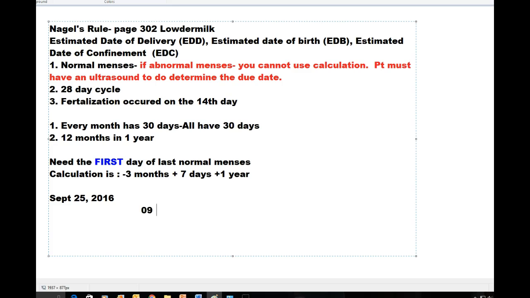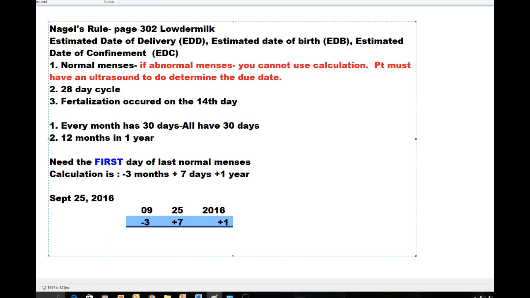You always want to do that. 25. You tab over. 2016. So remember, our calculation is subtract 3 months, add 7 days, and add 1 year. Okay?